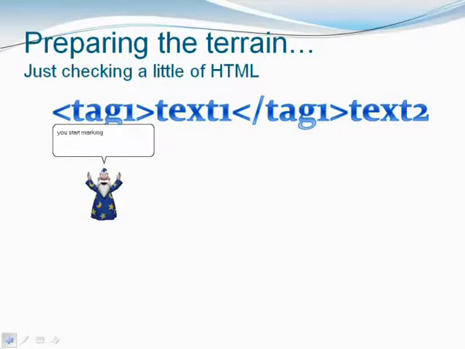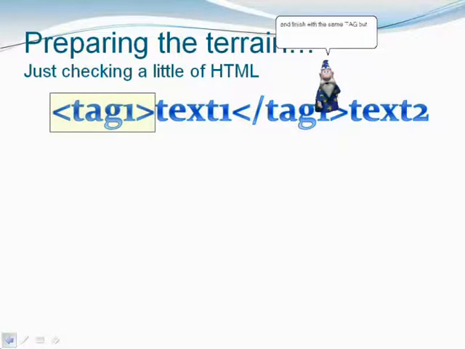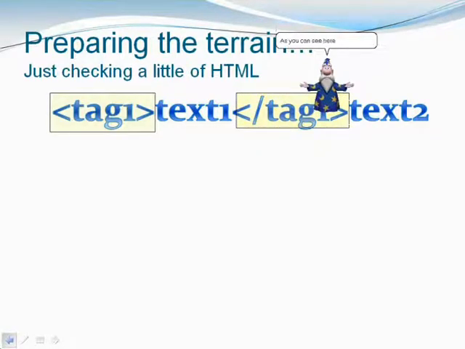To do that, you start marking the start of the portion of the text to be affected with a tag, the way I am showing you now, and finish with the same tag but with a slash at the beginning to indicate a closing tag, as you can see here. Then, when you see the text in the browser, you will find that just the portion of the text delimited by the tags is affected.